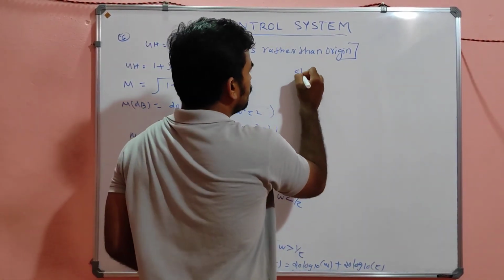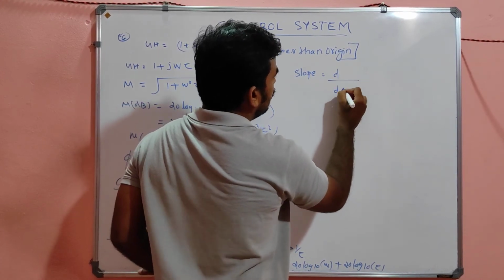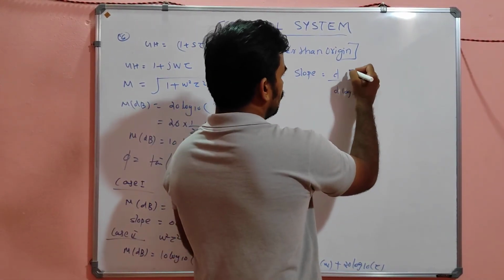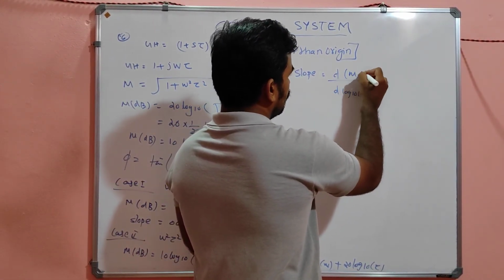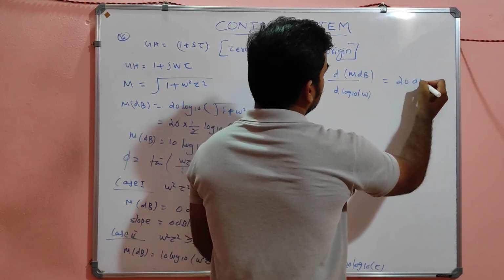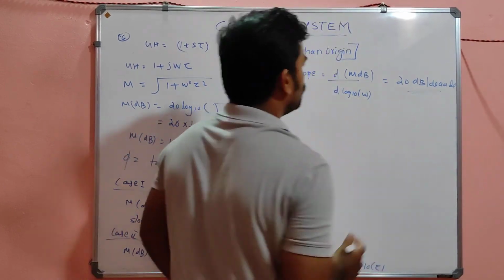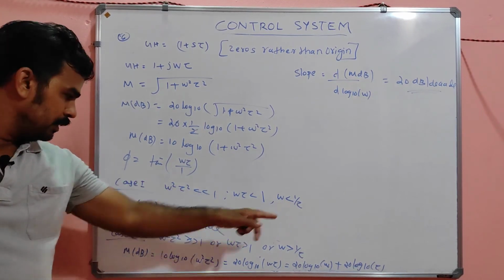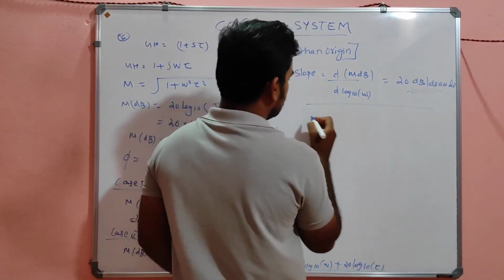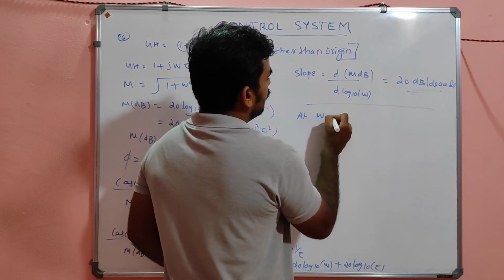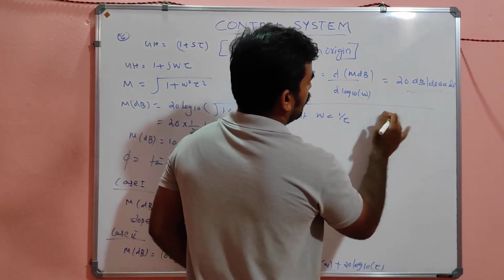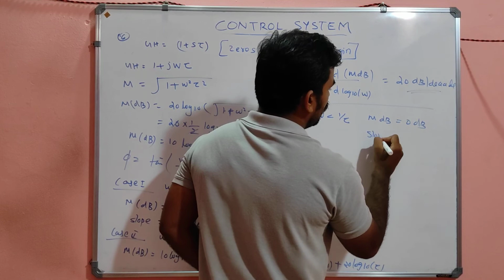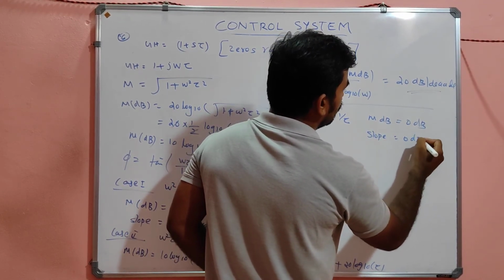So what will be the slope, my dear? d by d log 10 to the base omega of this much. So the only answer will be 20 dB per decade. So here also, see my dear, when omega tau is very much less than 1, or simply omega less than 1 by tau, M in dB was 0 dB and slope was 0 dB per decade.